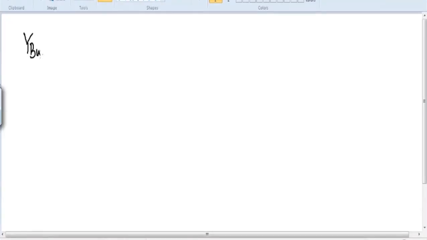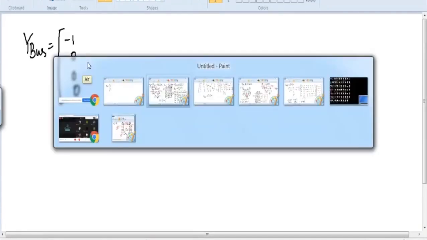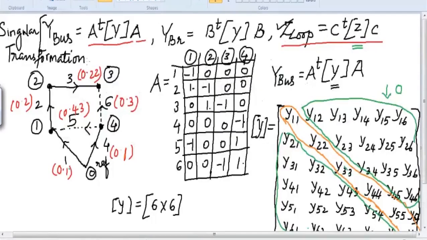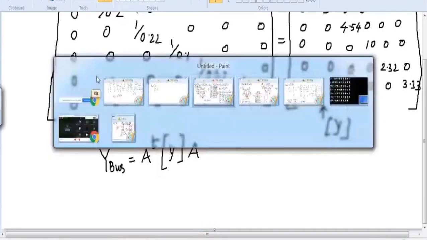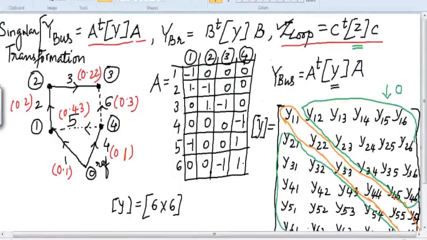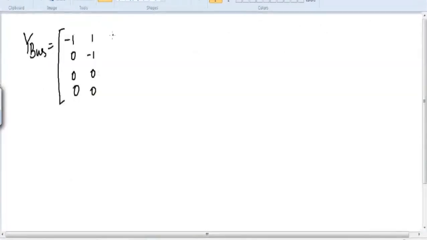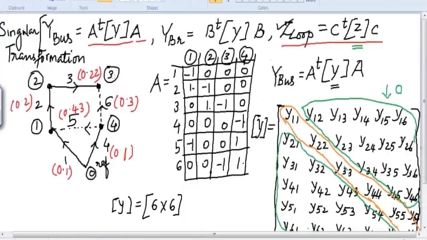Y bus is equal to -1 0 0 0. This is the transpose of A matrix I am writing here. Then minus 1 -1 0 0. Then 0 1 -1 0. Then 0 0 0 -1.